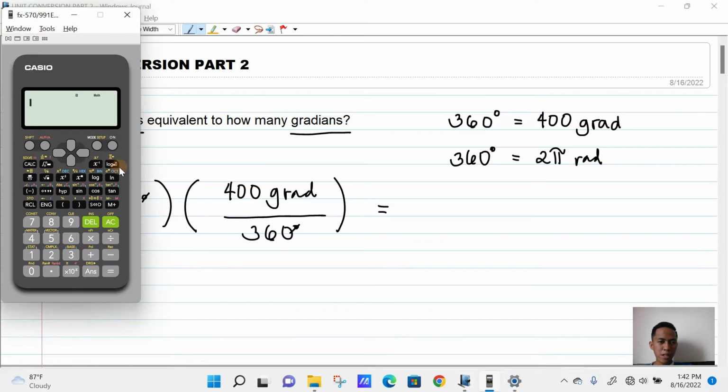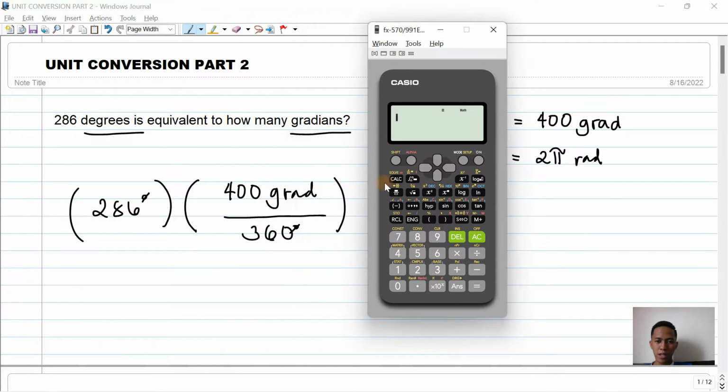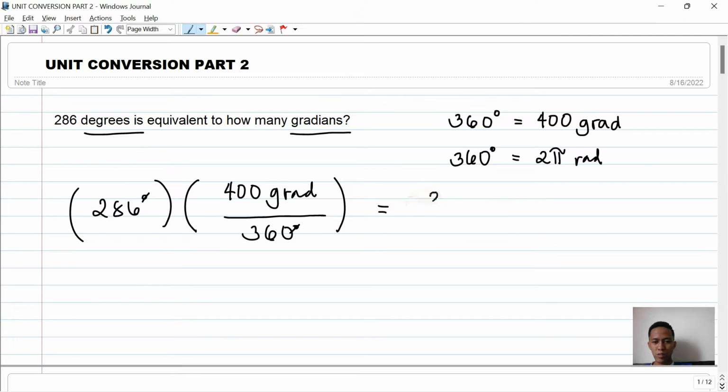So compute lang natin guys, we have here 286 times 400 per 360 degrees. Okay, 400 grads per 360 degrees. So you have here 2860 over 9 grad. Okay?